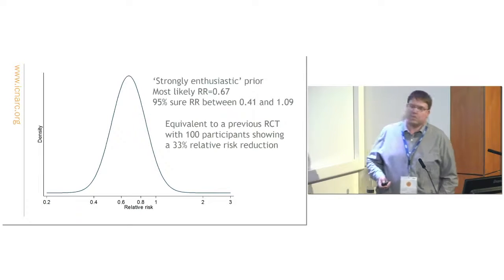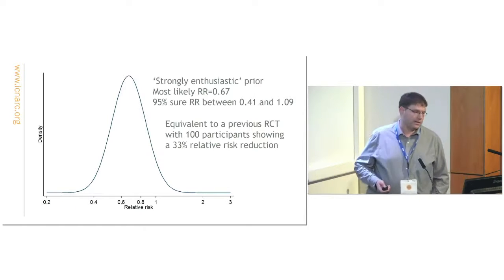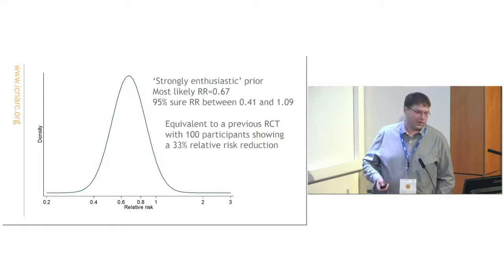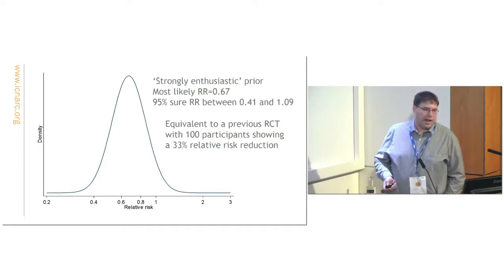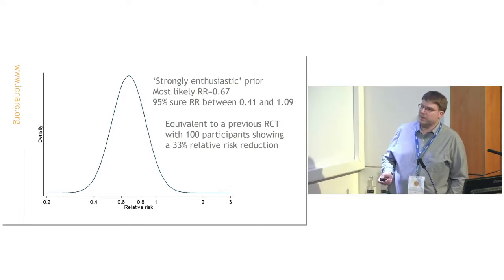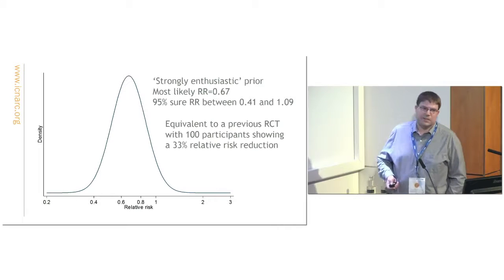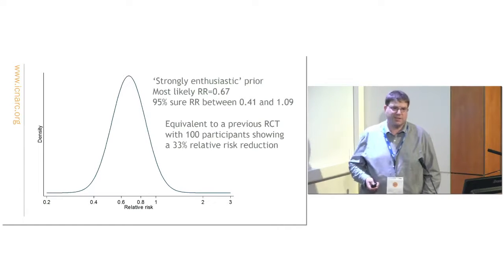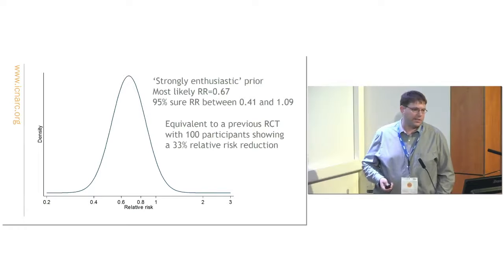So the peak of that probability distribution is at a relative risk of 0.67. And this enthusiast is pretty confident that the real relative risk would be somewhere between 0.41 and 1.09. So 95% of the area of this probability density falls in that region.